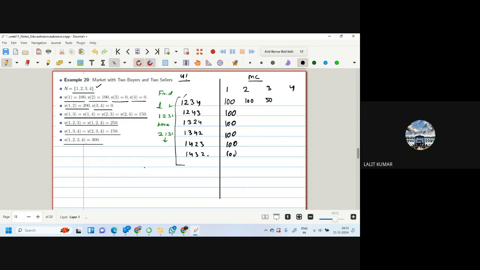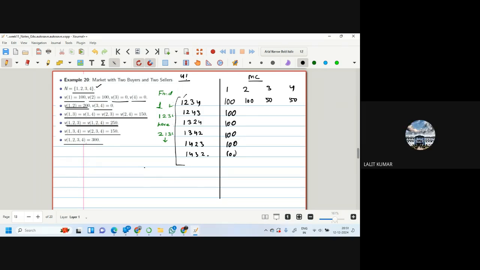This becomes 300 minus 250, 50. So 3 has become 123 minus 12, so 250 minus 200. Is that okay?